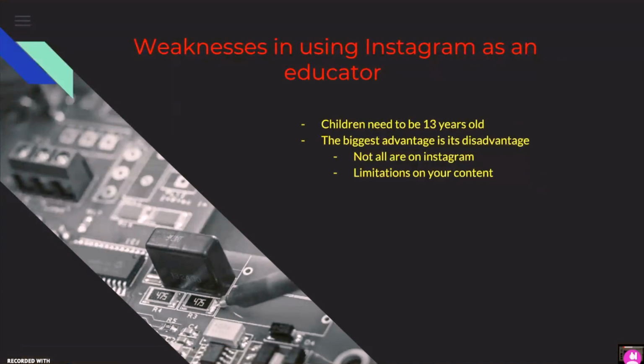Weaknesses in using Instagram as an educator. As with any tool in the classroom, Instagram also has its weaknesses. One of those weaknesses is having an age requirement. Users of Instagram need to be at least 13 years of age.